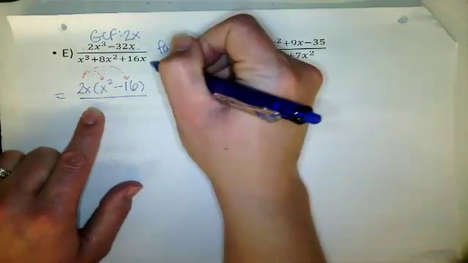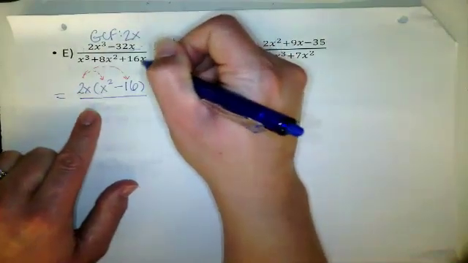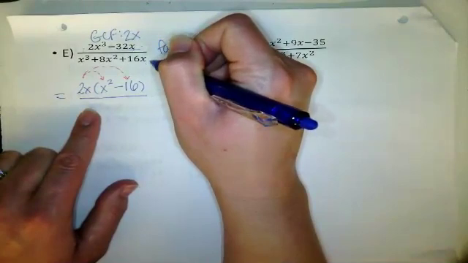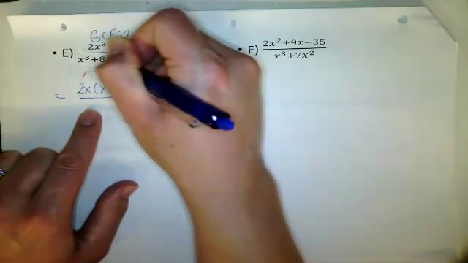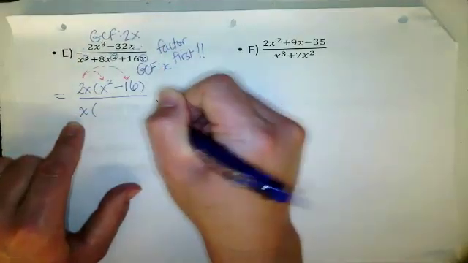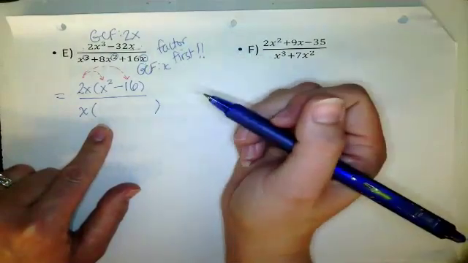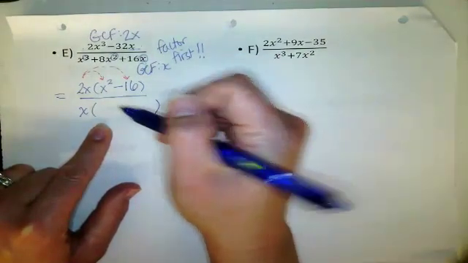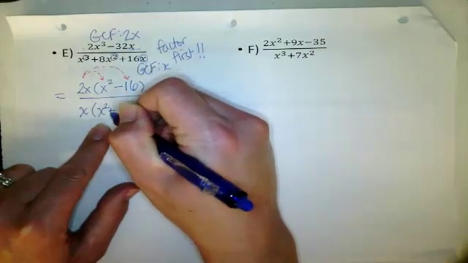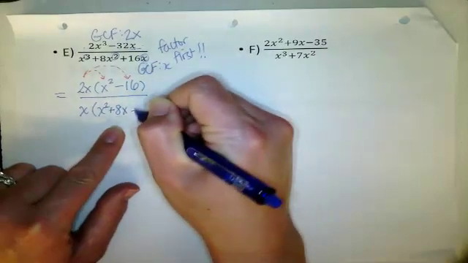What about the denominator? What can we do in the denominator? Another GCF. What do they have in common? They all have an x, so we are going to take out an x. When we take out the x, what's left behind? X squared plus 8x plus 16.